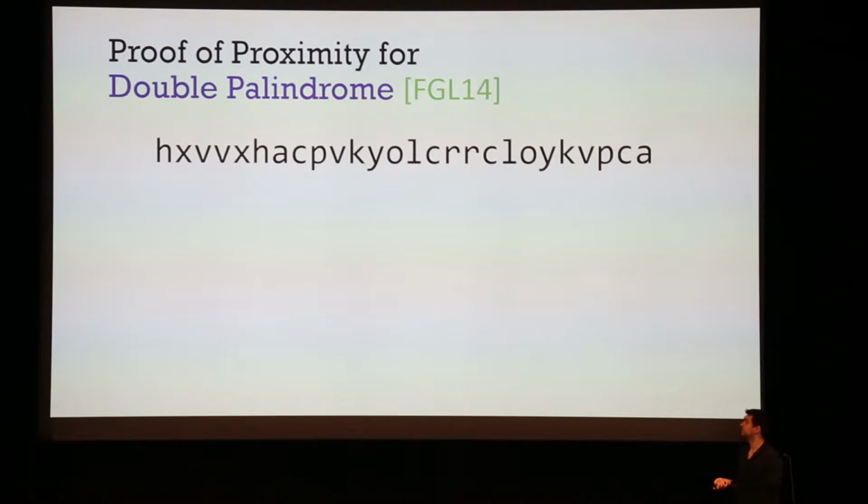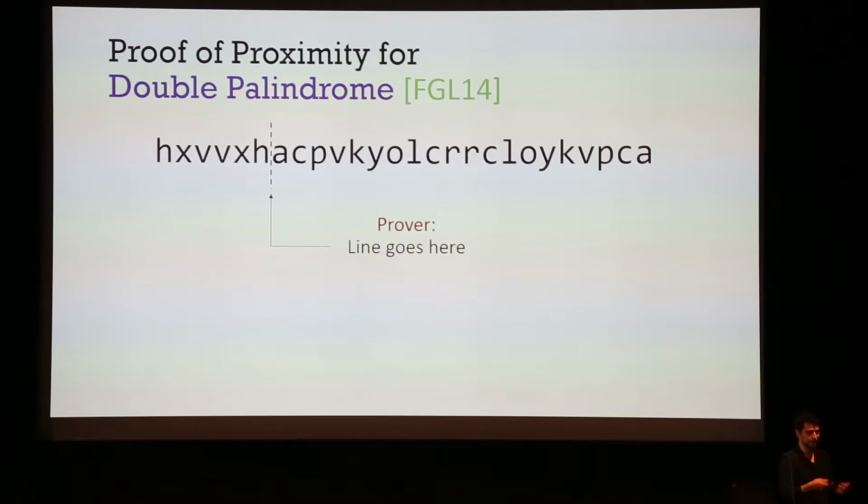The proof is very easy. Here's the string, and the prover just says, look here. Now you can run the palindrome tester and check that this side is a palindrome and that this side is a palindrome. So this is great. We have a very efficient verifier to test if this is in double palindrome.